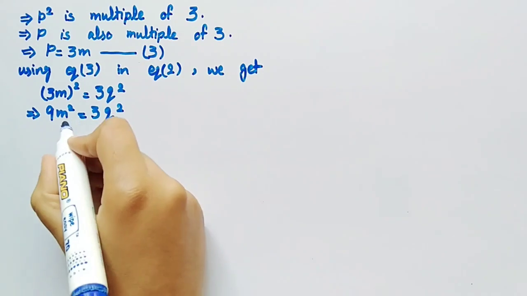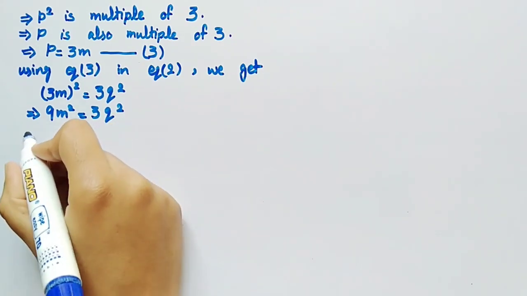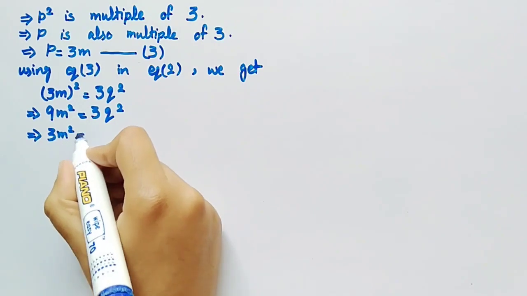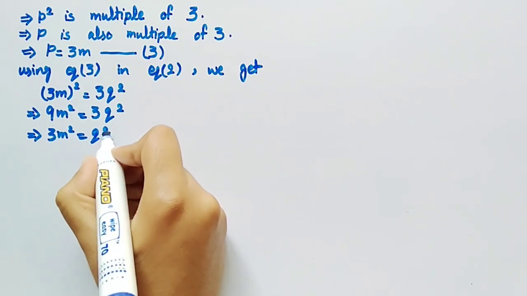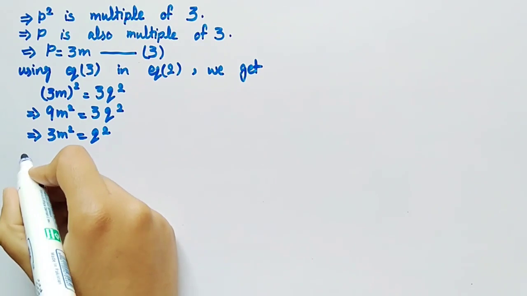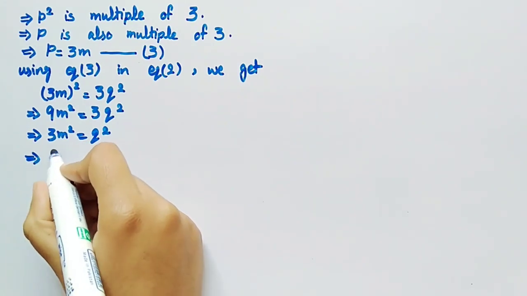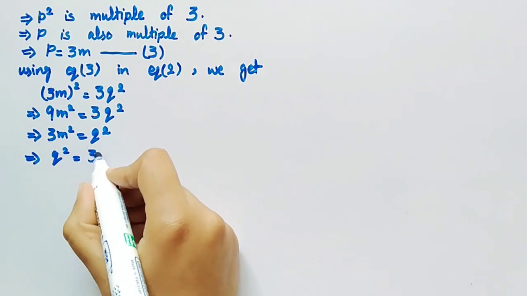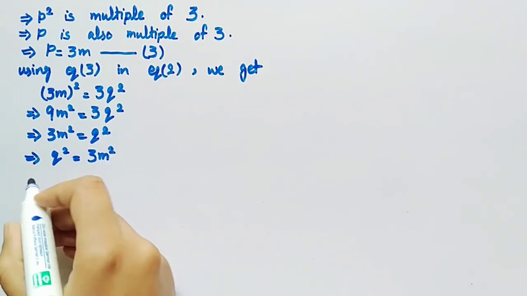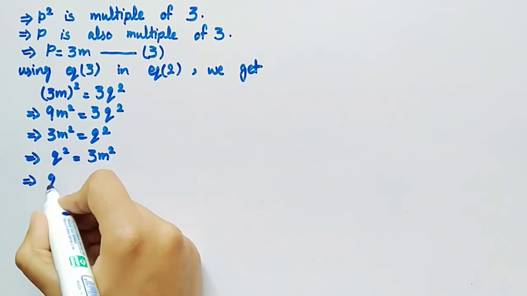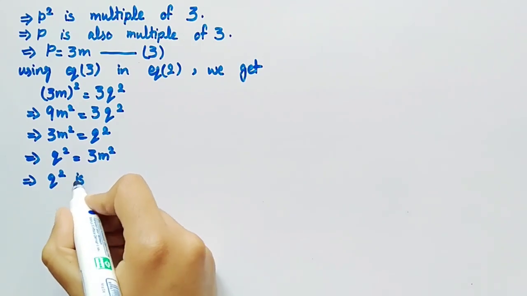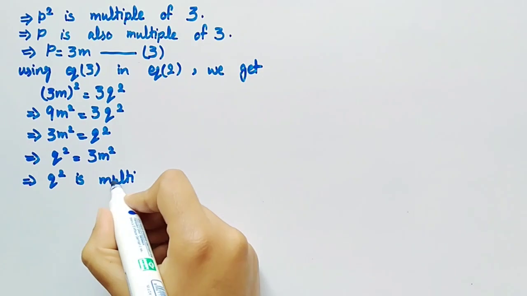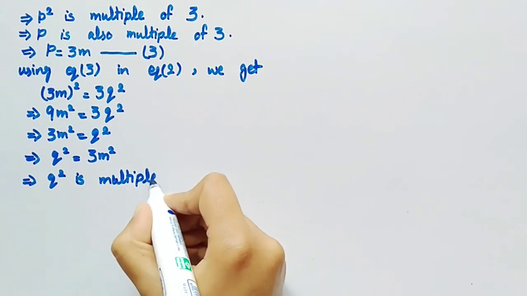By dividing both sides by 3, we can write 3m square is equal to q square, which can be rewritten as q square is equal to 3m square, which means that q square is a multiple of 3.